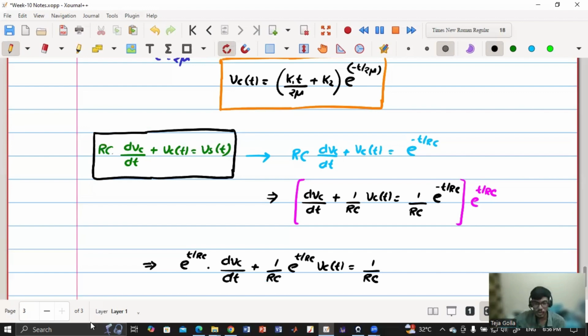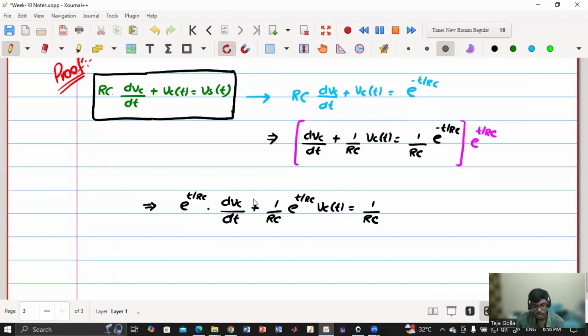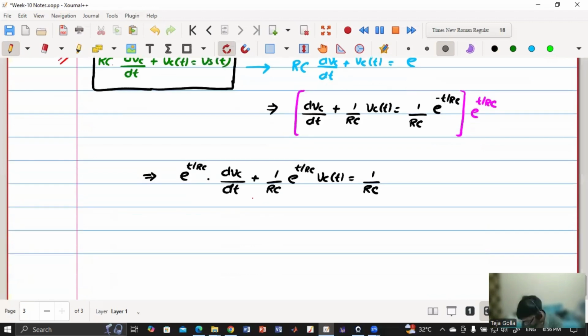Agree until this point? Okay. So now I can write the LHS side as d by dt of vc into e to the power t by rc, is equal to 1 by rc. Agreed?